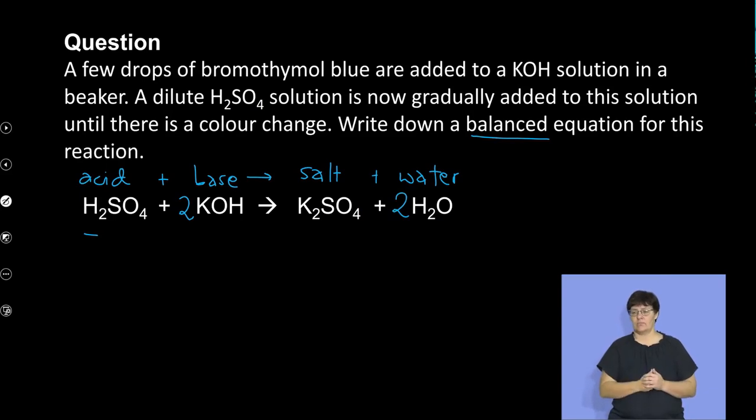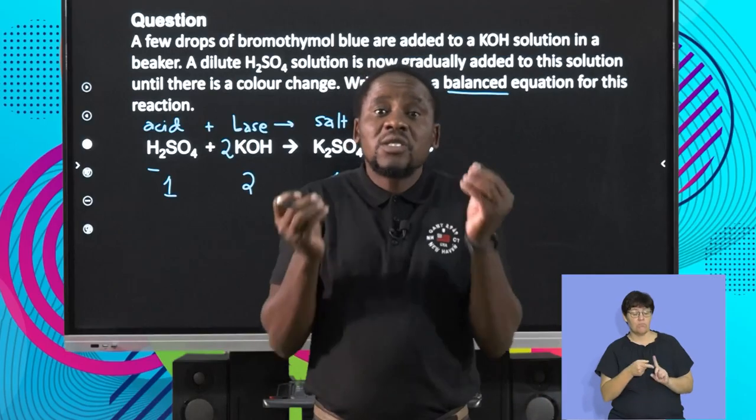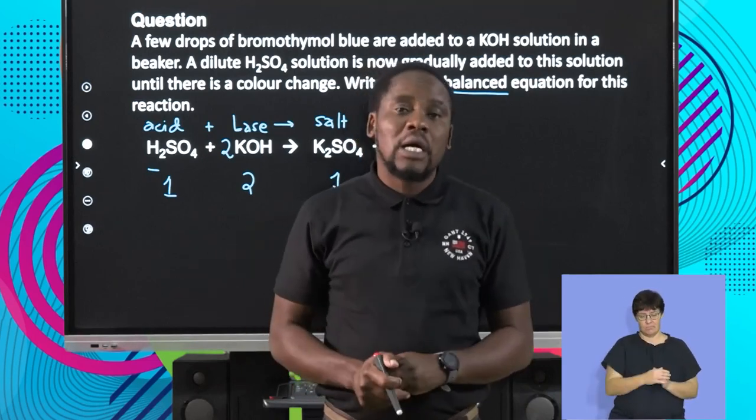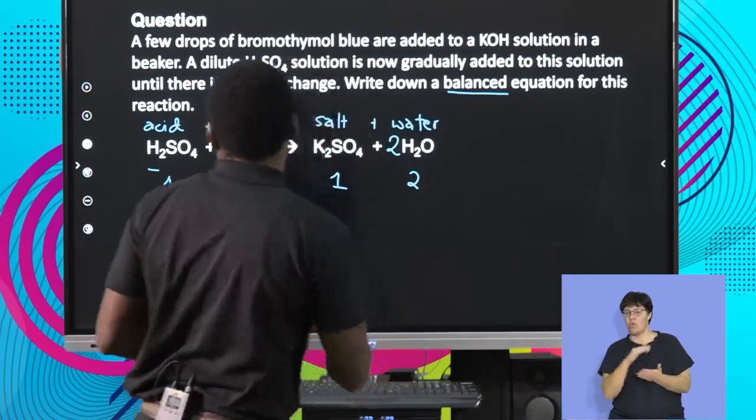So the stoichiometric ratio in which they react is a mole of the acid reacts with 2 moles of potassium hydroxide to form a mole of the salt and 2 moles of water. So this is the balanced equation. If there are any questions that have to do with stoichiometry, this stoichiometric ratio comes into effect, and then we are able to apply it, right?